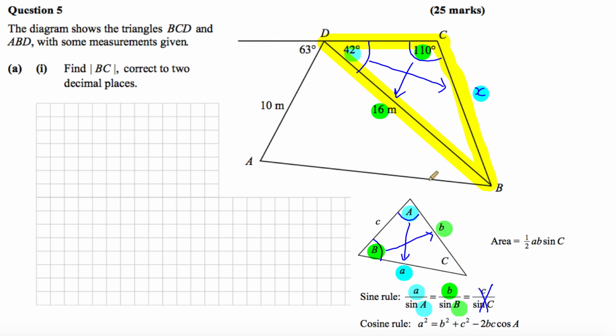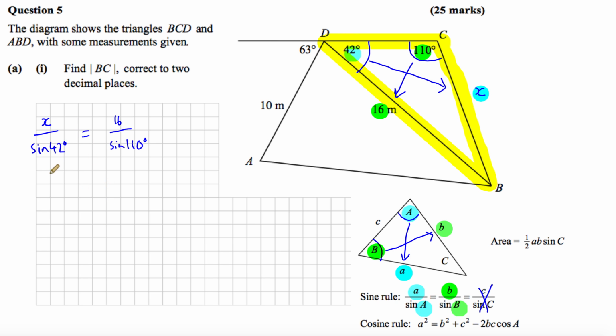So we've a over sine A, so that's the thing we're looking for, X over the sine of the angle opposite, the sine of 42 degrees. And that's going to be equal to b over sine B, or 16 over the sine of the angle opposite that, so 16 over the sine of 110 degrees.